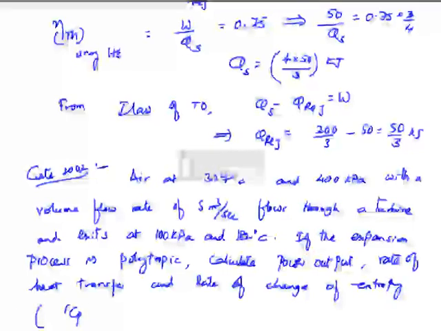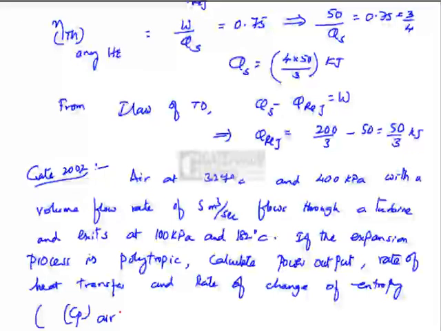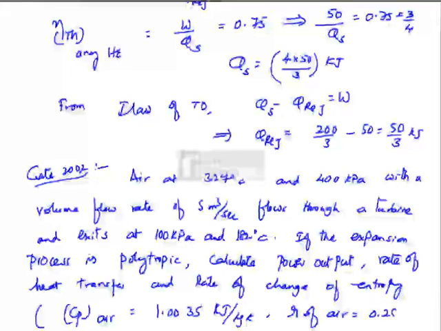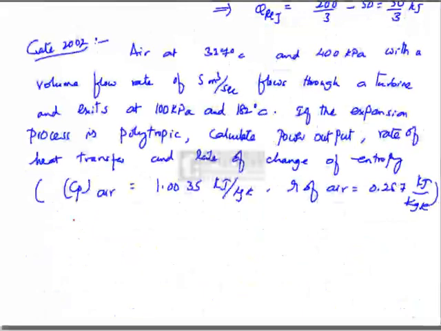Take Cp of air as 1.0035 kilojoule per kg Kelvin, and the gas constant of air, that is small r value, as 0.287 kilojoules per kg Kelvin.